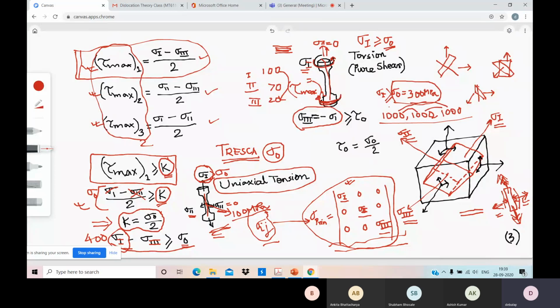And hydrostatic type of stress leads to only volume change. We are also under hydrostatic compression with a very heavy force from all sides.